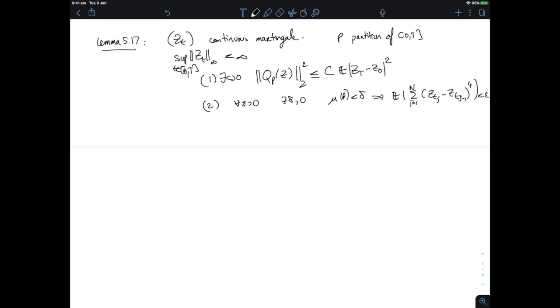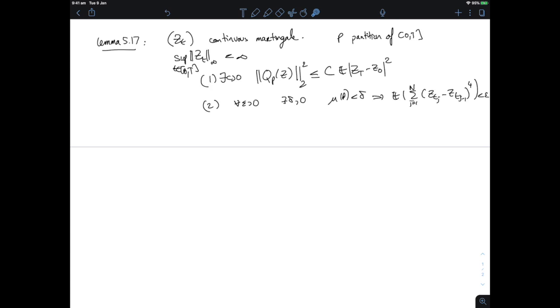Okay, so the next step in the proof, now that we've seen that A doesn't contribute anything to the quadratic variation, in order to understand the contribution of B, we need to prove a fairly technical lemma. This technical lemma is about general continuous martingales that are uniformly bounded.